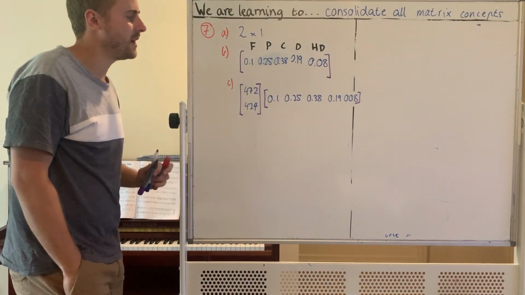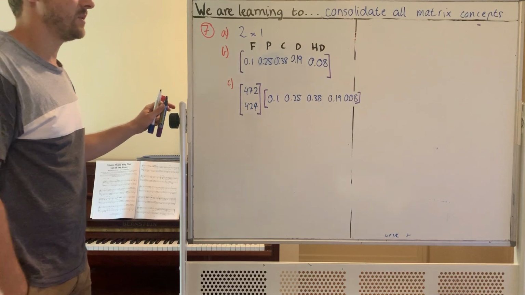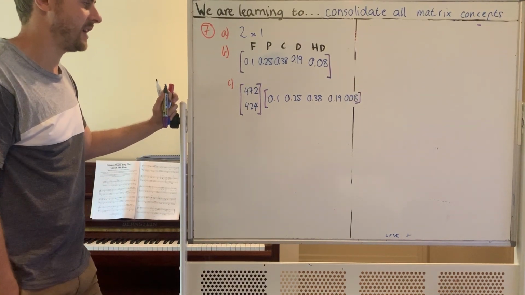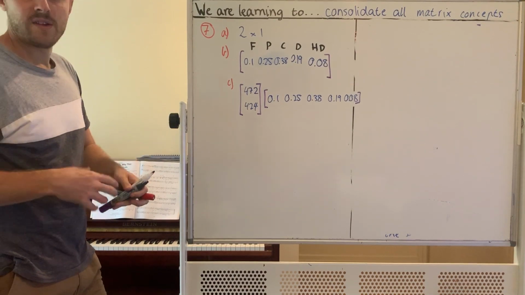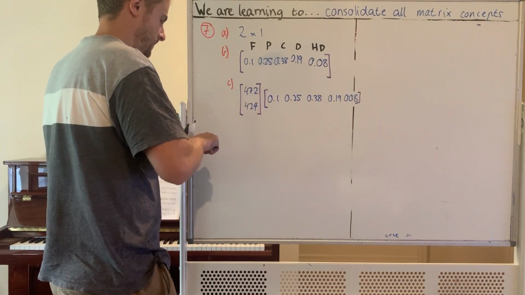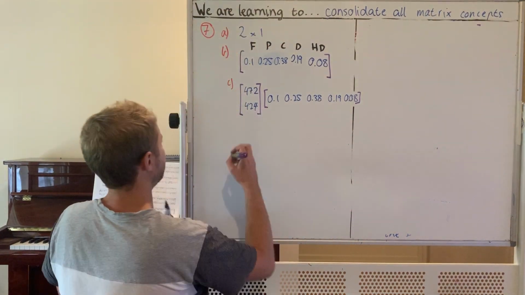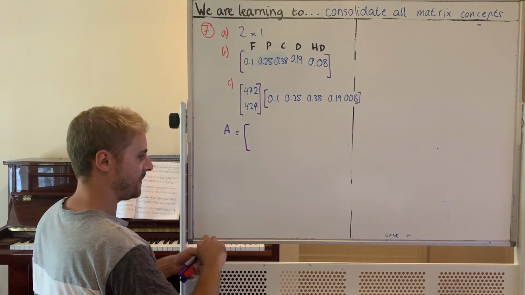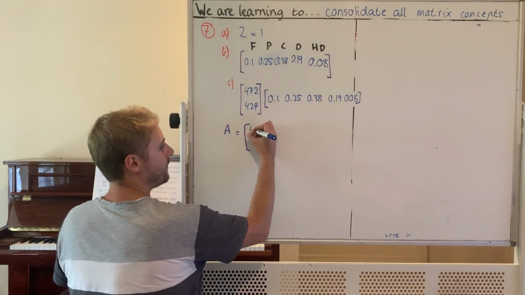So it's a 2 by 1 by a 1 by 5. So what we're going to get left at the end is a 2 by 5 matrix, so it'll be pretty big. Do that on your CAS. So this was called matrix A. Once you type that in, you'll get this.